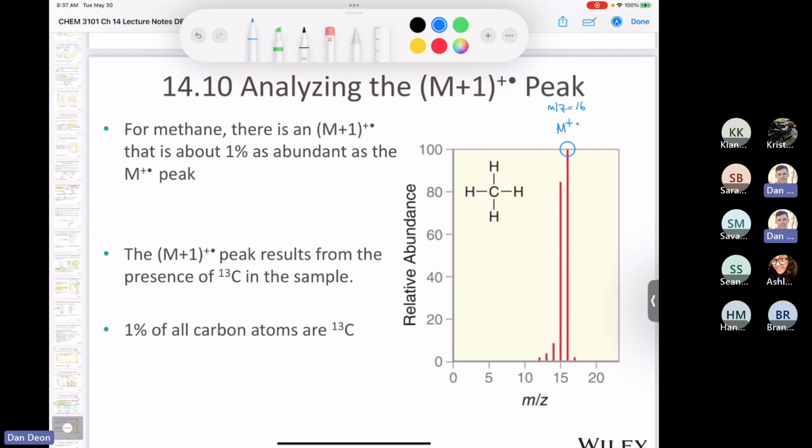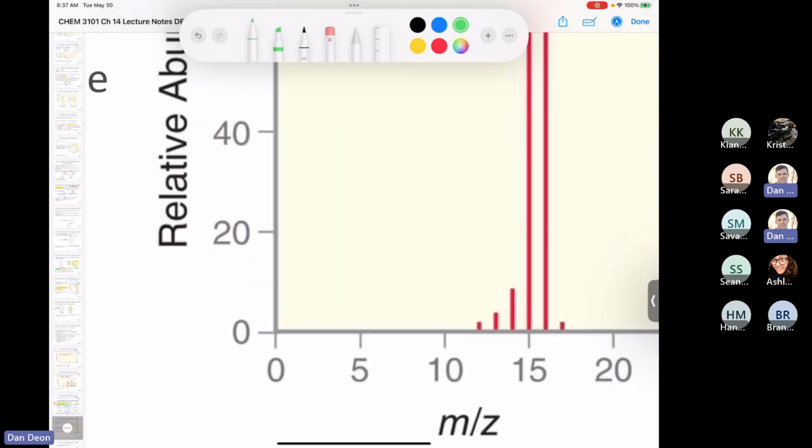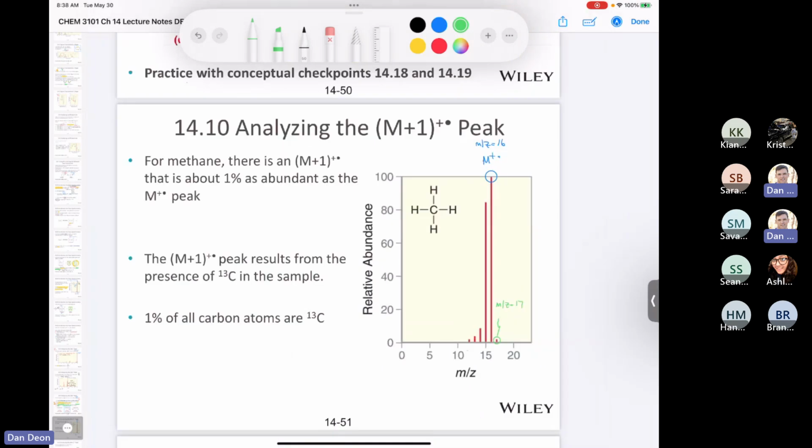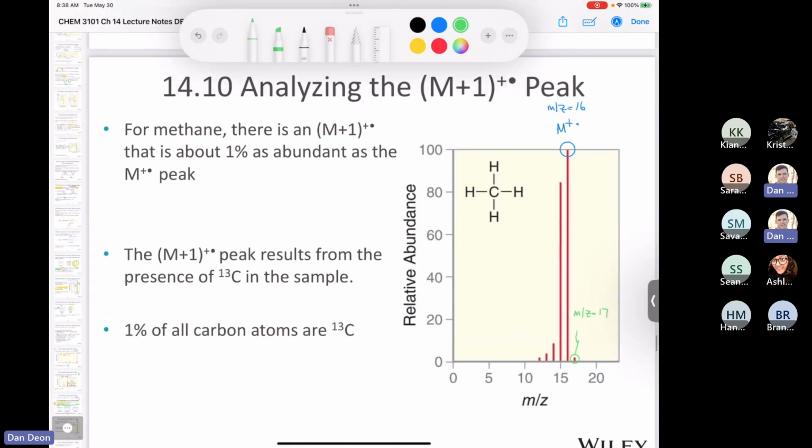You probably noticed that there was a little tiny peak here at 17. You might have been going, well, where did that come from? Did we just create matter out of thin air and we made more mass?